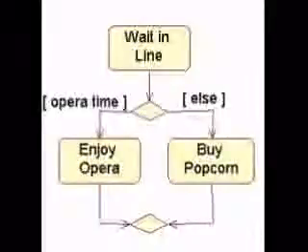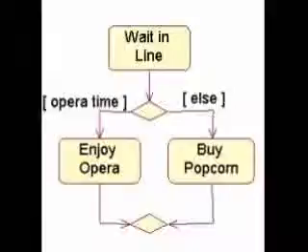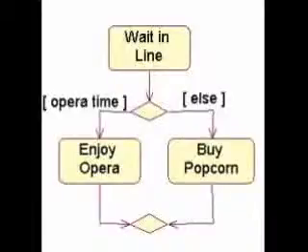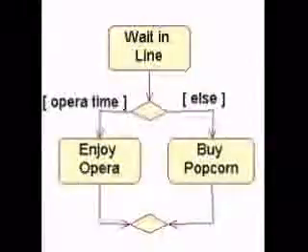Using else as a guard indicates that the else transition should be used if all the other guards on the branch are false. In this slide, if it's time for the opera show, then the enjoy opera activity is executed. Otherwise, buy popcorn is executed.